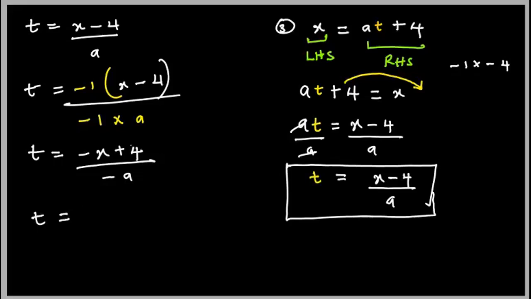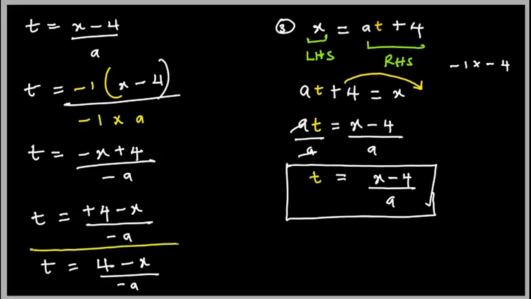You can choose to write the positive 4 first, plus 4, followed by minus X, all over minus A. And as we know, plus 4 is as good as just saying 4. So 4 minus X, all over minus A, can also be an answer for this.